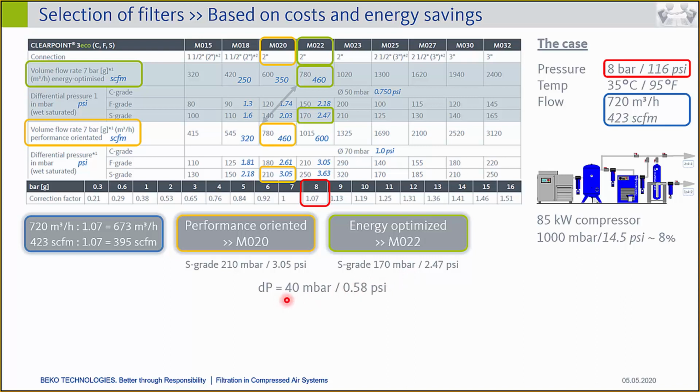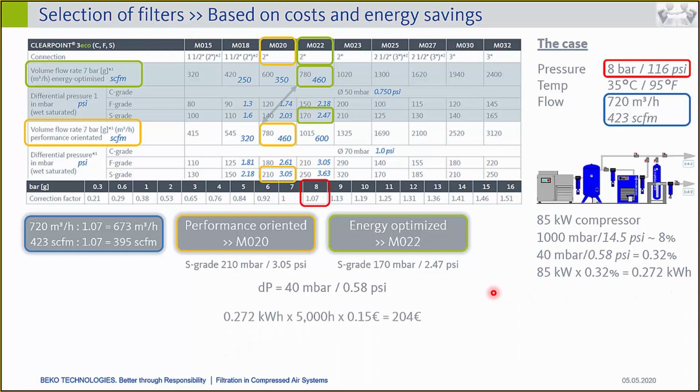That means we have 40 millibar differential pressure between both solutions, or 0.58 psi between these two different sizes. Coming back to the calculation with the compressor, we will end up with 0.32% of increased energy consumption of the compressor, which will end up to 0.272 kilowatt hours in energy consumption in total.